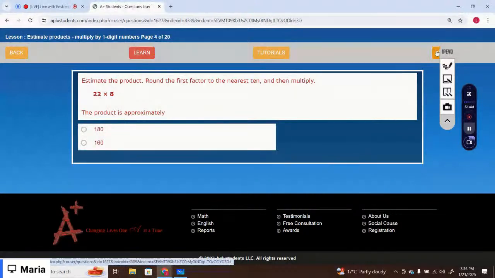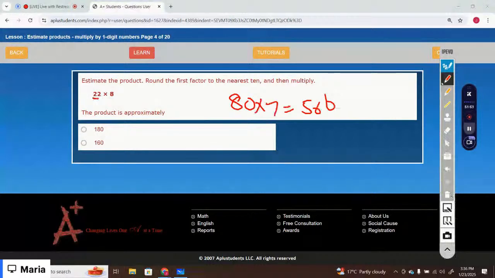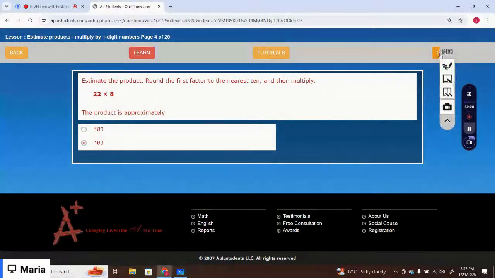So which is the correct option? 22 is estimated to 20. 20 times 8 is 160. Option number 2 is the correct option.